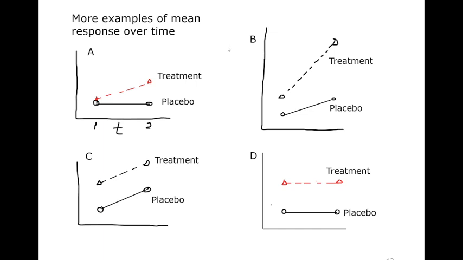But over time, the placebo does not change, while those who receive treatment improve over time. Figure B tells us that both groups improve quality of life over time, but the treatment group improves much better than placebo.